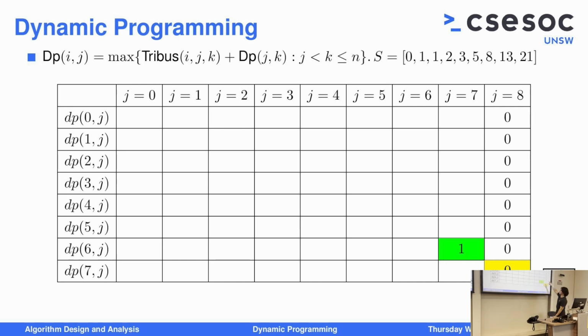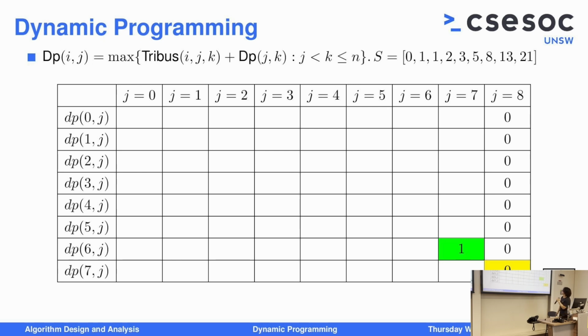We look at the next square, dp of 5, j. We'll be looking at 5, 13, and then the only thing after it can once again only be the 8th element, which is 21 in this case. So we're asking ourselves, does 18 plus 21 give me a division by 3?